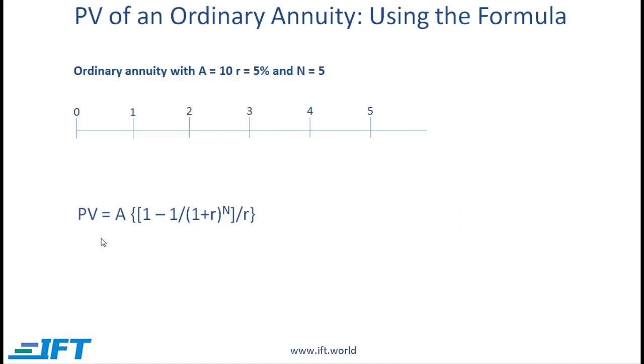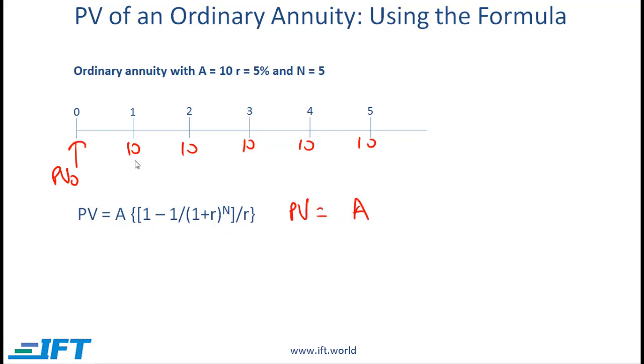Another strategy you can use is to apply this formula. What we do here is again recognize that we have the same annuity, 10, 10, 10, 10 and 10. The present value at time 0 is given by this formula, which I will rewrite for you.